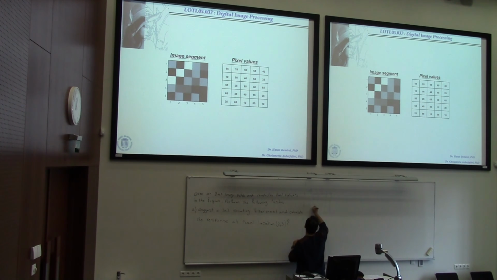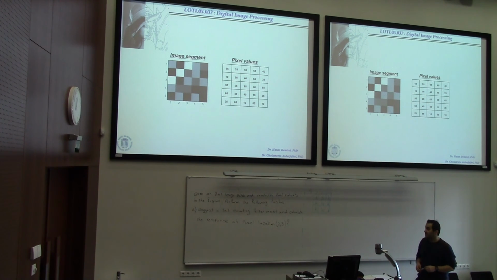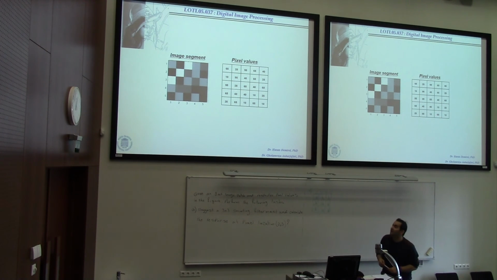We write it 1/9, 1/9, 1/9, or you can write it like this. We have this filter for smoothing, but what is the pixel value after applying this kernel on the image that we have there?